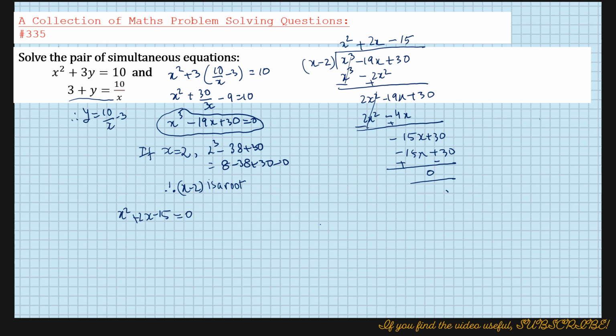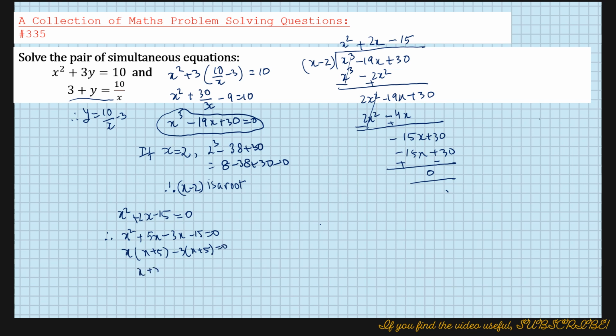So we can factorize this. You see, 15 equals 3 times 5. So we can write x squared plus 5x minus 3x minus 15 equals 0. So x times x plus 5 minus 3 times x plus 5 equals 0.